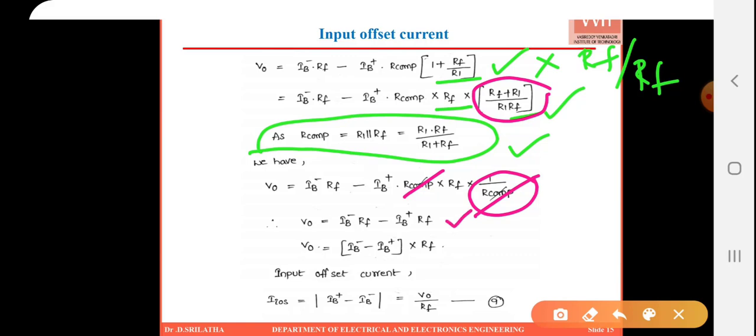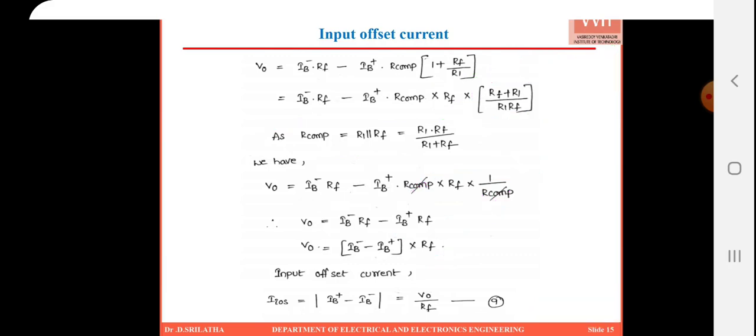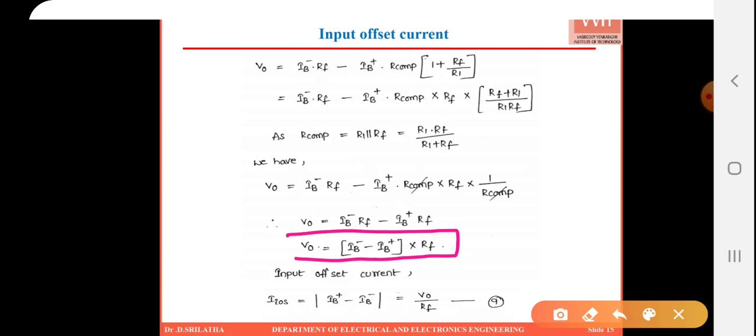Finally we have IB minus RF minus IB plus RF. On taking RF as common, we have IB minus minus IB plus. So finally we got the expression for the output offset voltage due to the difference of these bias currents, IB minus and IB plus.